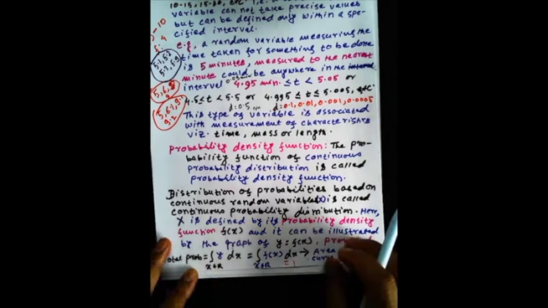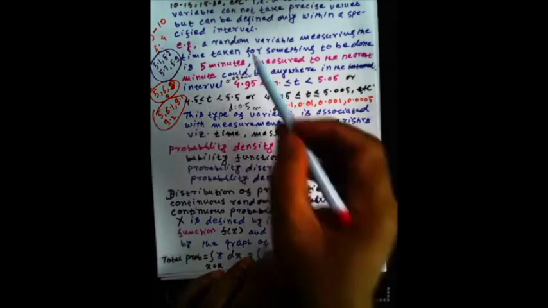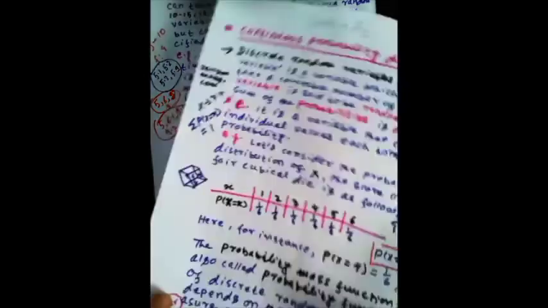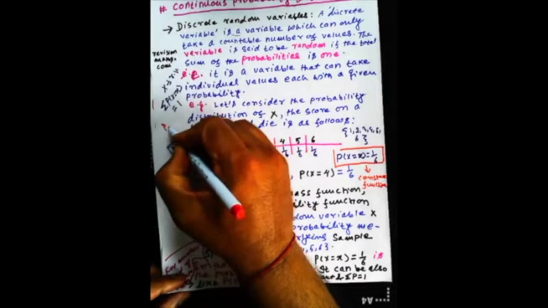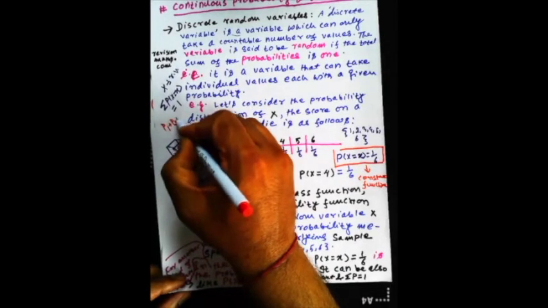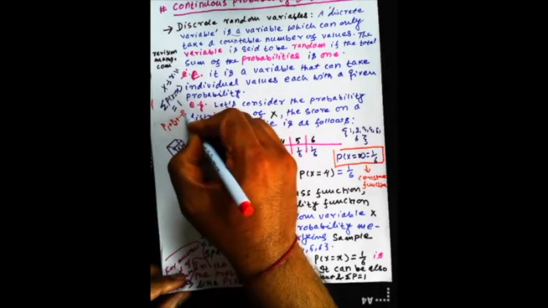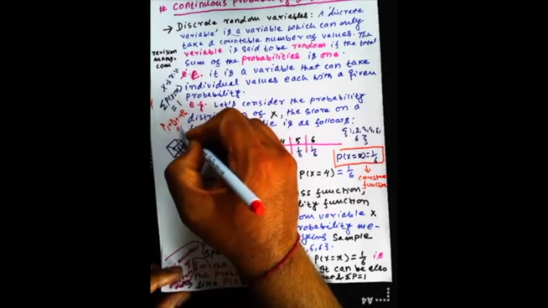In the continuous random variable case, probabilities are expressed in terms of a continuous function. In the case of a discrete random variable, we used to add the probabilities distinctly, like p1 plus p2 plus dot dot dot up to pn, and that used to be 1.